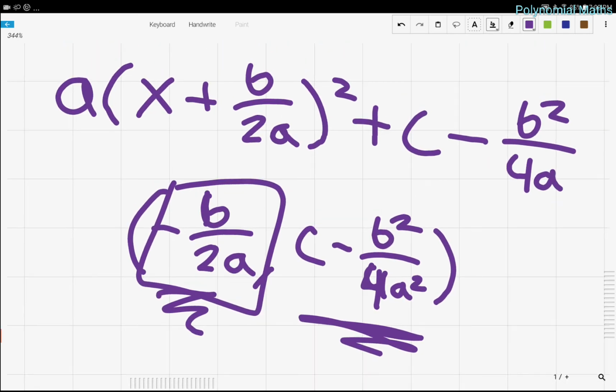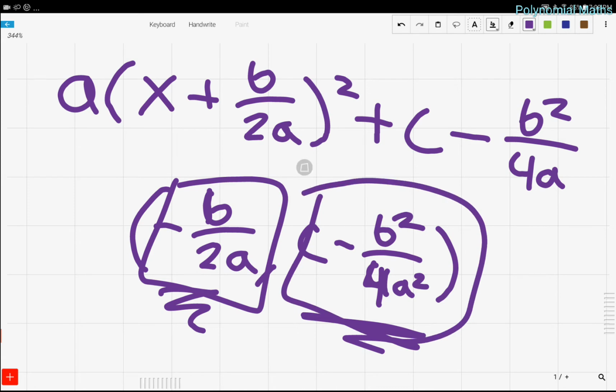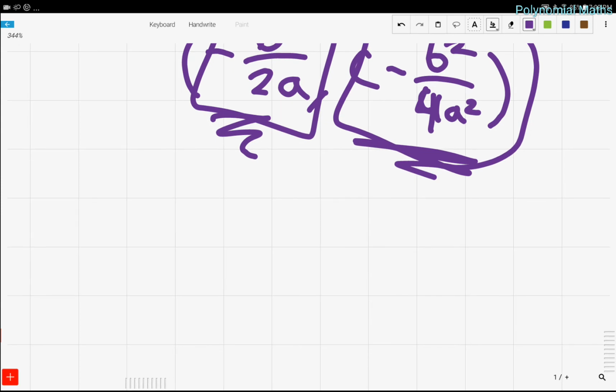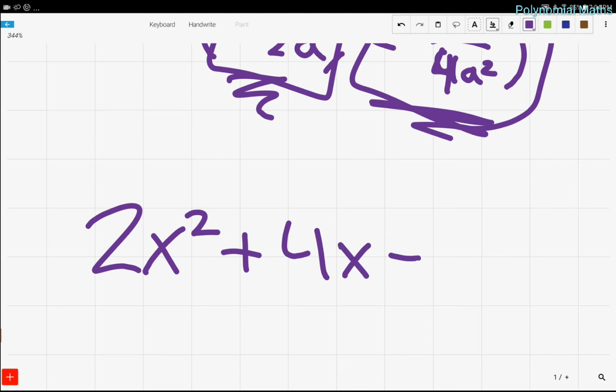Because you can just plug negative b over 2a back into your quadratic, and you'll get the y-coordinate. So you don't really have to memorize this one because it's harder to remember. But if you do remember it, it can spare you a little bit of time, but most people just prefer plugging it back in. So using this method, let's go back to our 2x squared plus 4x plus 10.